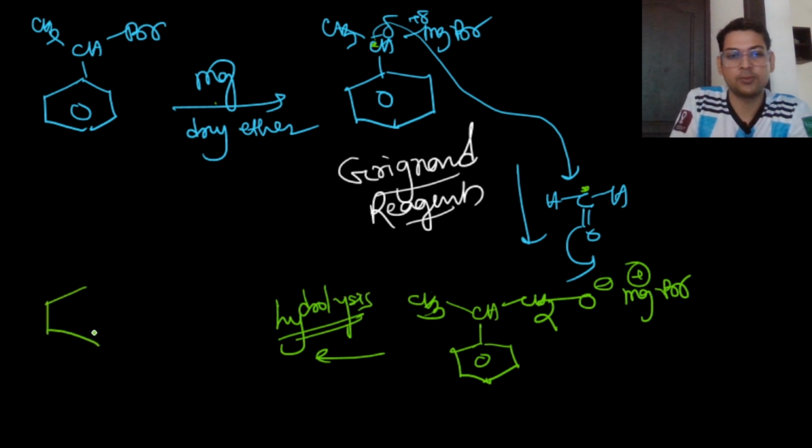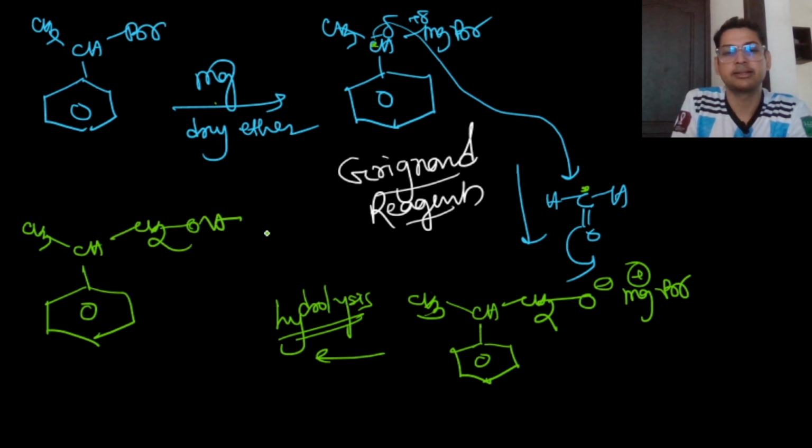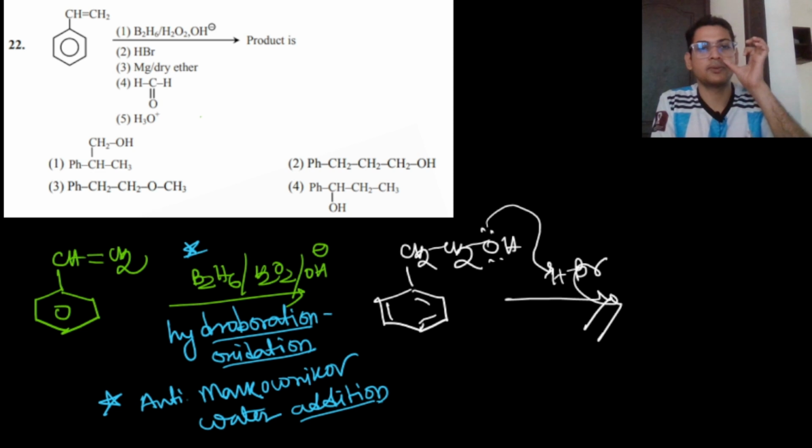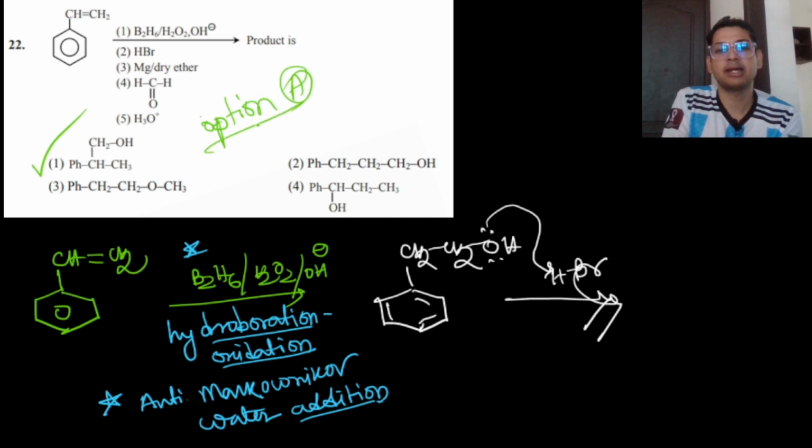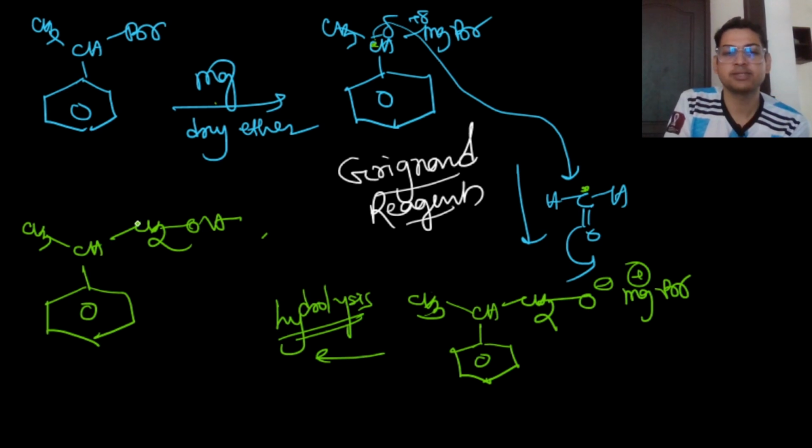And if you do, you will get beautiful benzene with CH3 CH2OH, right? You'll get this molecule, and this molecule is matching very beautifully with option number A. After doing this type of question, you also get so much satisfaction, right? Yes, we got this correctly.